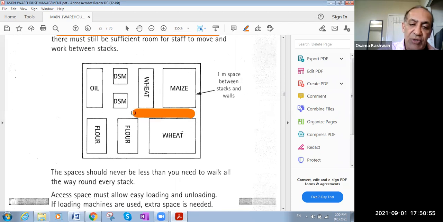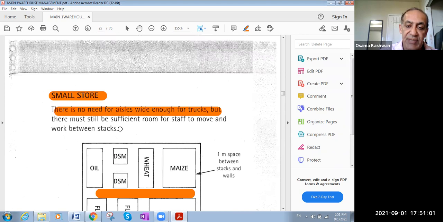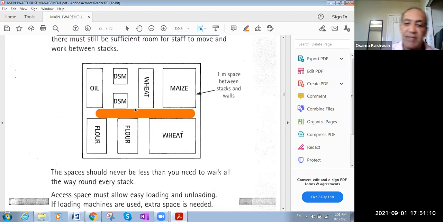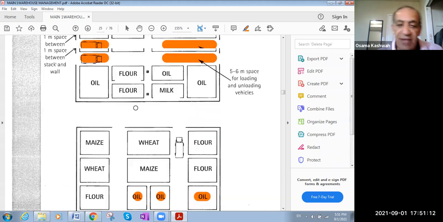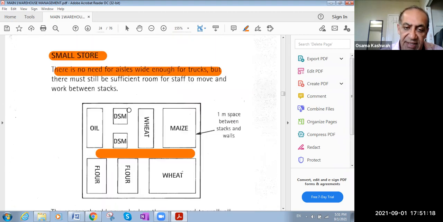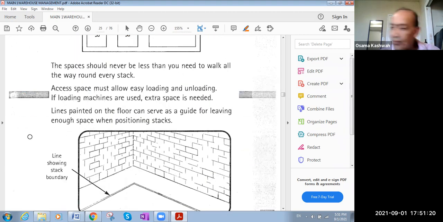There is also an area for loading and unloading in between the spaces. There must still be sufficient room for staff to move and work between stacks. But it is not like the huge warehouses with 5 to 6 meters; it is less than this.